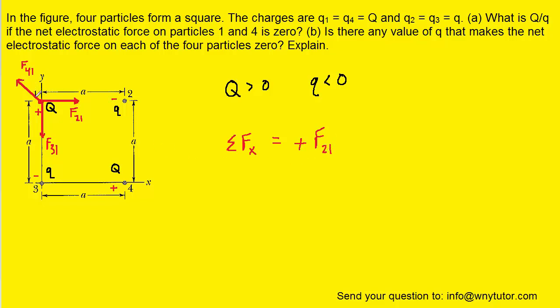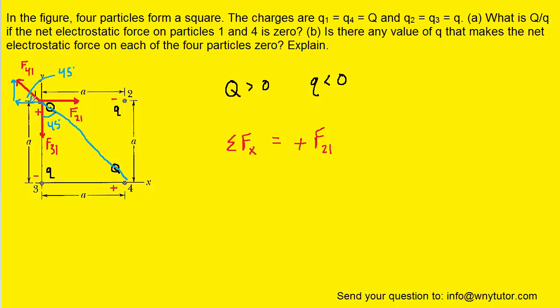F41 would have to be broken up into components because it's acting at an angle. Now the drawing is going to get a little tight here, but we would have an x component pointing to the left as well as a y component pointing up. Because this is a square, we know that the diagonal of the square would be forming a 45-degree angle, and therefore this angle here will also be 45 degrees.